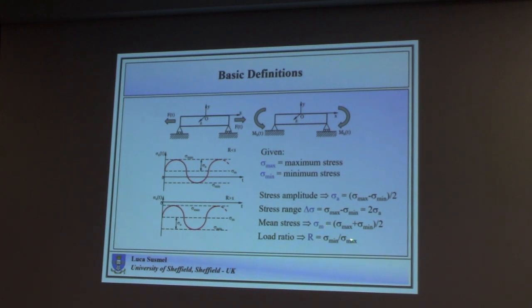If you look at this definition, for instance, an R value equal to minus 1 means fully reversed. This means that the mean stress is invariably equal to 0, okay? This is a quantity we use in classic fatigue, but we also use this load ratio to describe the mean stress effect in the presence of longer cracks.